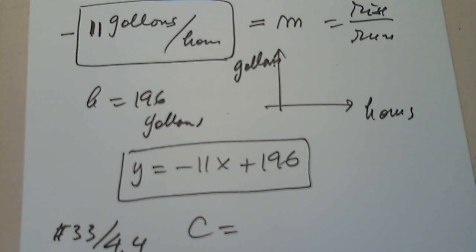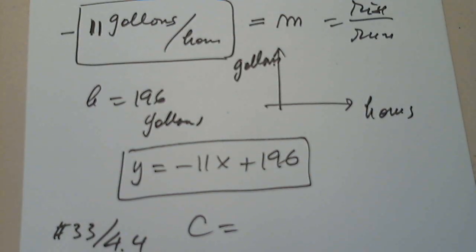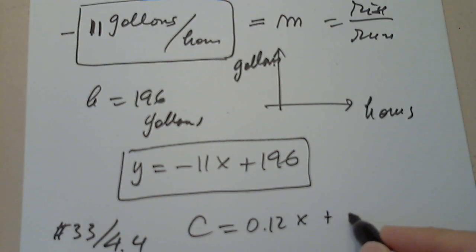Careful what dollars per mile means. In addition to that, $34 fixed per day. How do I write that? Is it $34 equals 12? No, this is the same thing. It's 0.12x plus 34.